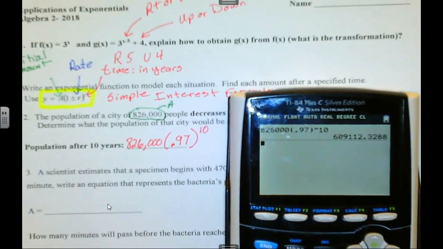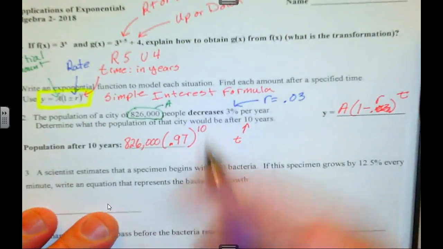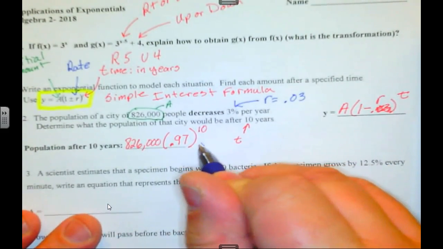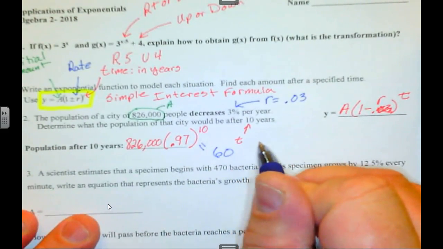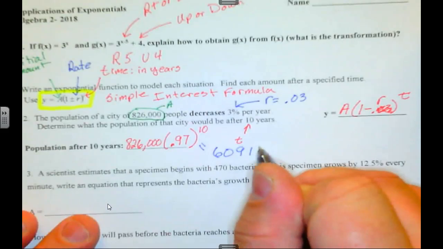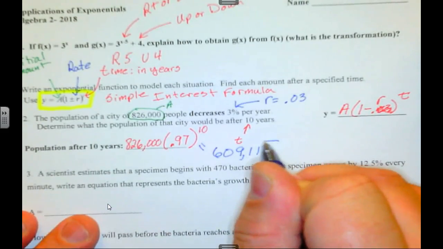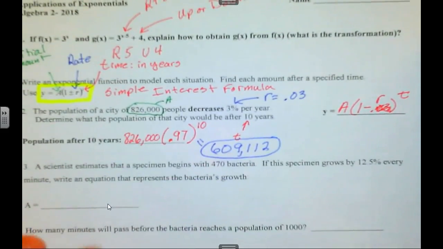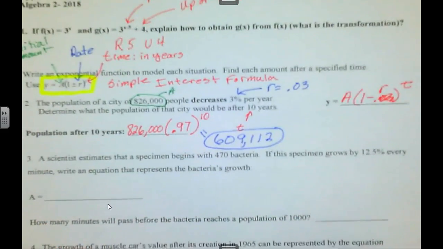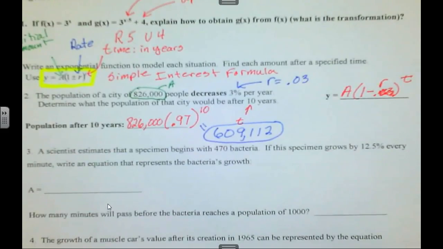And I get a population of 609,112. And you can't have a point, people, so round it to the whole number, right? Isn't that easy?